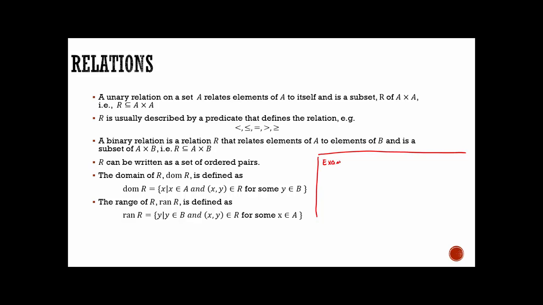So for example, let R be a relation from A to B where A is equal to {1, 3, 5, 7}, and B equals {1, 3, 5}.